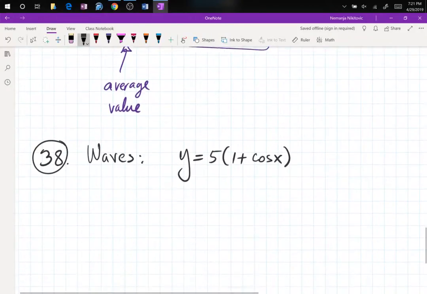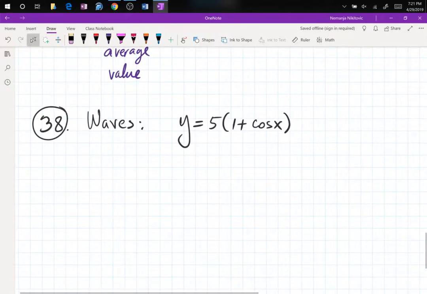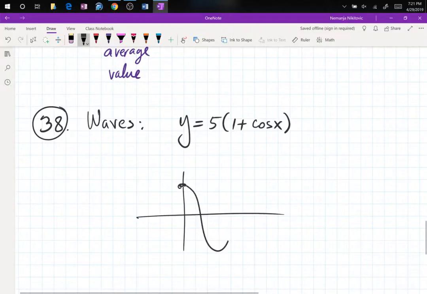Well, if you learned your pre-calculus, you know that when the 5 distributes, the 5 is going to be the amplitude, because it will be 5 cosine x. If you have 5 cosine x as the amplitude, then the total displacement from the top of the wave to the bottom of the wave is 10 feet.